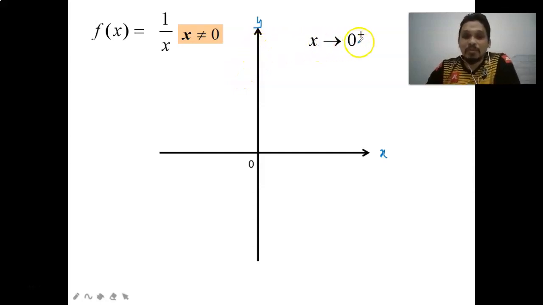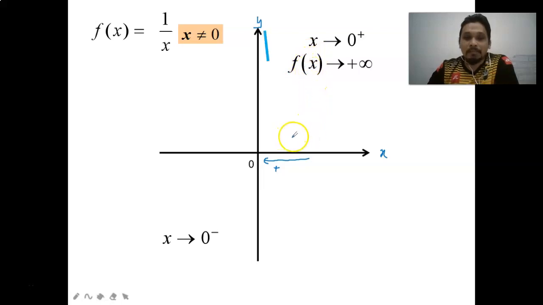So when x approaching 0 from the right side, f(x) approaching positive infinity. We may also state this as y, f(x) equal to y. Okay, then when x approaching 0 from the left side, then f(x) approaching negative infinity.